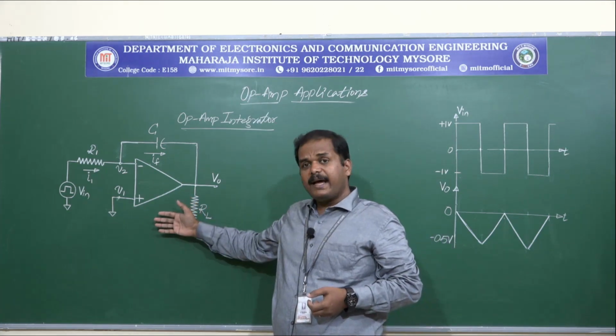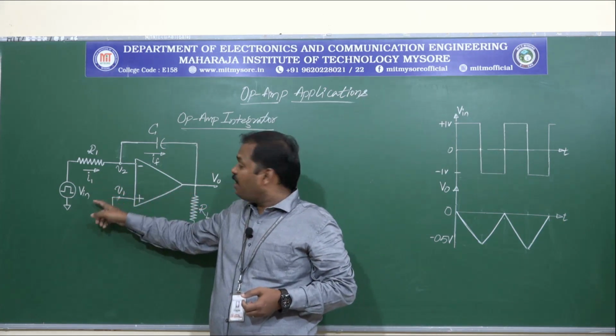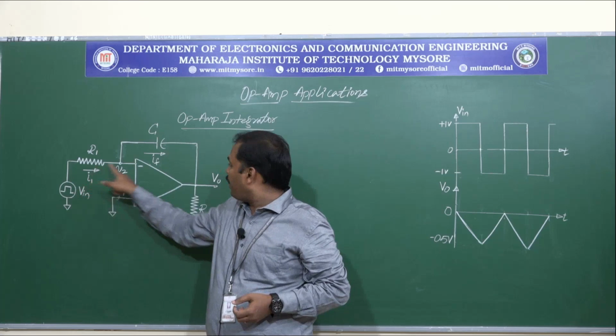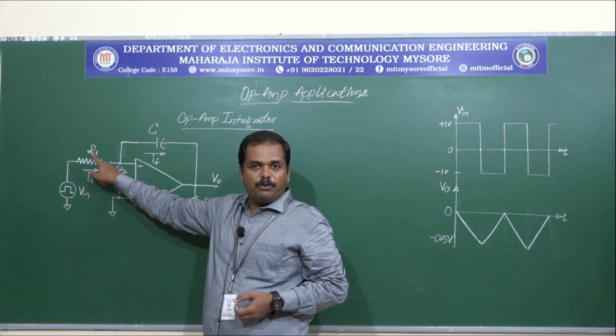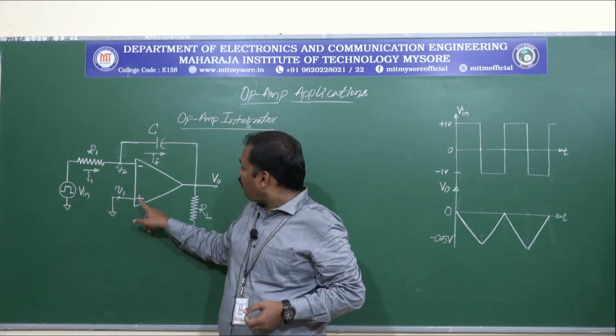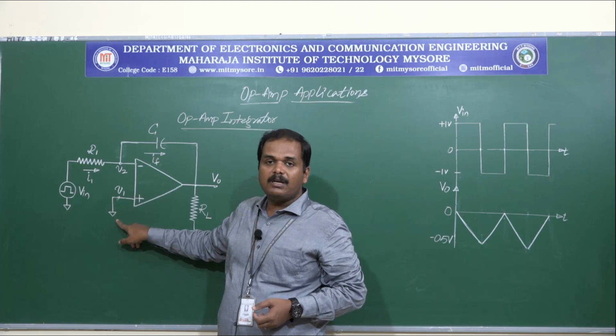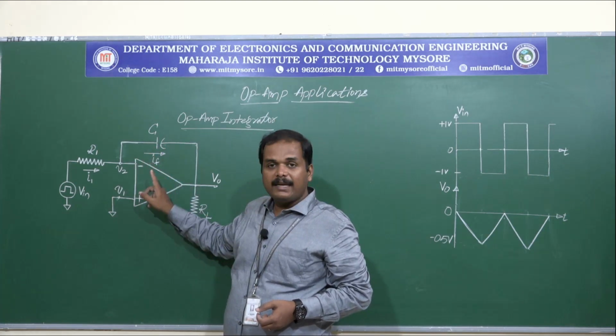This is the circuit diagram for the integrator. Here we can see the input signal Vin is applied to the inverting terminal V2 through input element R1, through which current I1 is flowing, and the non-inverting terminal V1 has been grounded. Capacitor C is used as the feedback element.